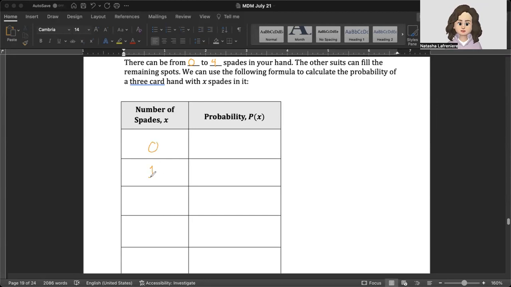Over C(52,4). I'm not going to keep writing those whole long numbers. So this one should give you 0.4388. This is 0.2135, 0.0412, and 0.0026.